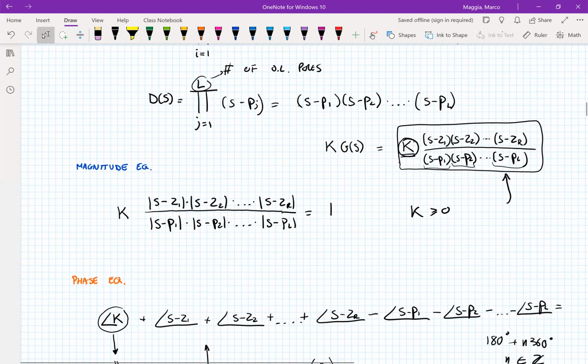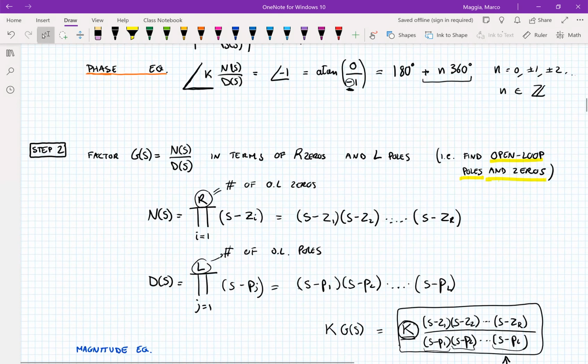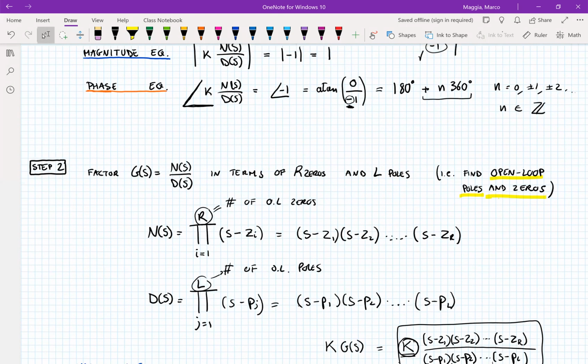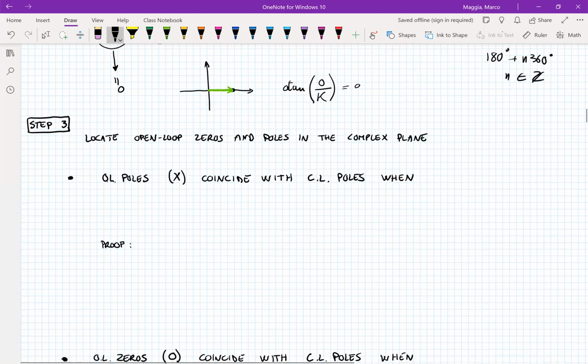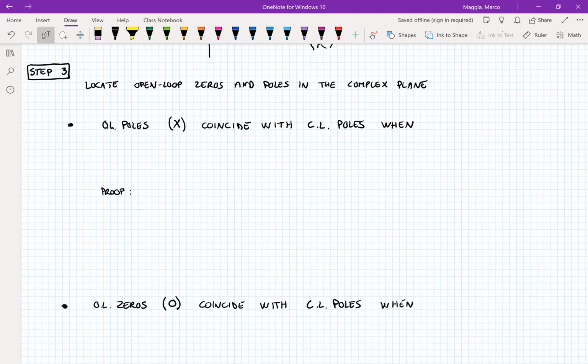Okay, so here I've added a little bit, but if you want to just stick to the steps for the root locus, all you need to do is to find the open loop poles and zeros, that is the poles and the zeros of G of S. Now, step 3, very easy.